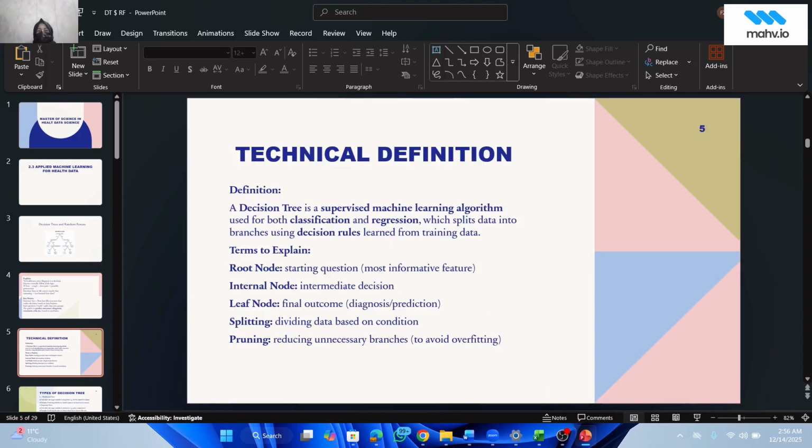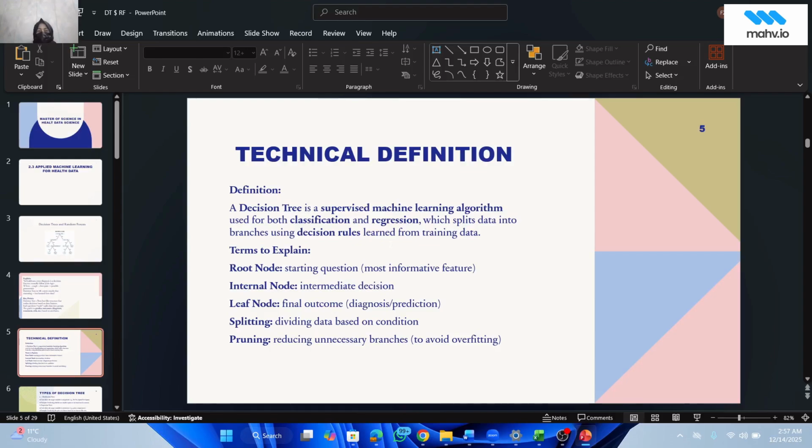The technical definition is that a decision tree is a supervised machine learning algorithm that works for both classification and regression tasks, which splits the data into branches using decision rules learned from training data.